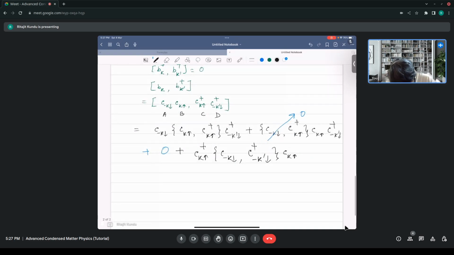So let me write all of the non-zero terms properly. The first one is c minus k down, c k up, and c k up dagger, and plus the second term, and c k up, right?